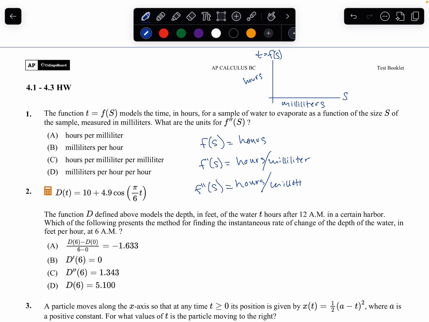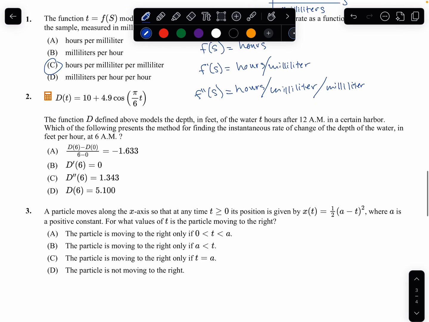I don't know how to spell this word, there are too many L's and I's. Milliliter. So hours per milliliter squared. I think that's got to be C.